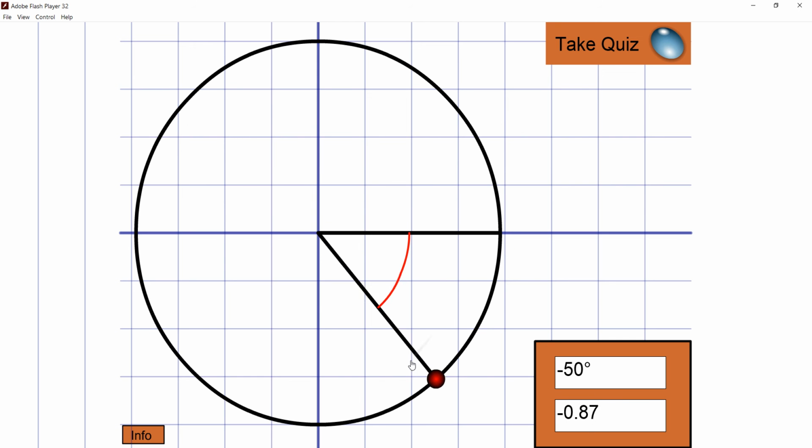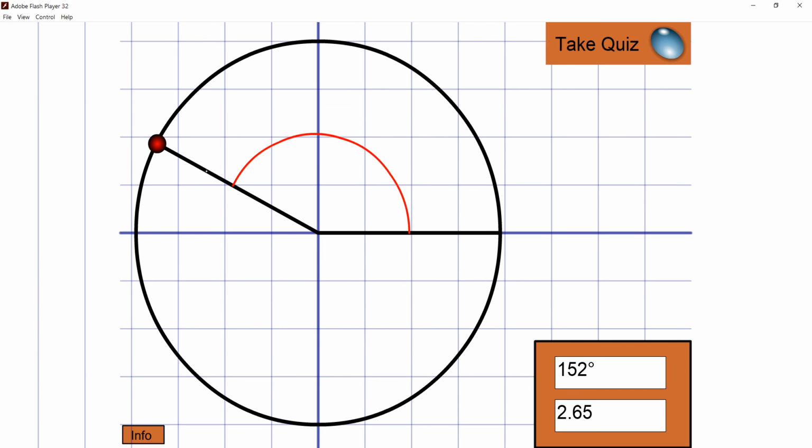If I go in a clockwise direction, now it's measuring the angle as a negative. So anything going in a clockwise direction from initial to terminal would be a negative. Counterclockwise from initial to terminal is a positive. Okay, question on those two directions.